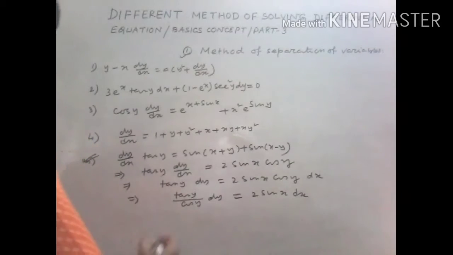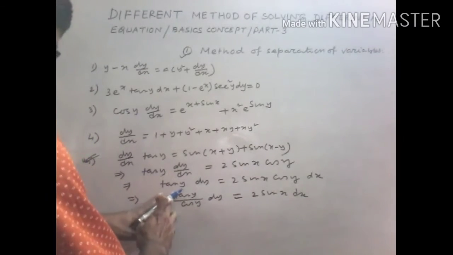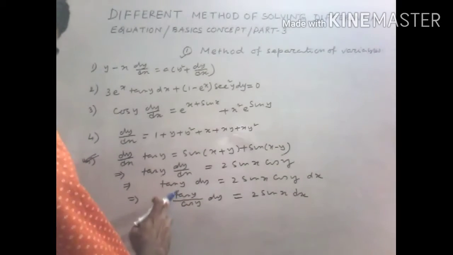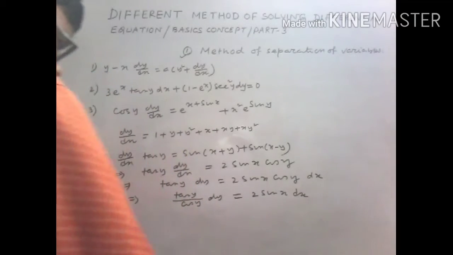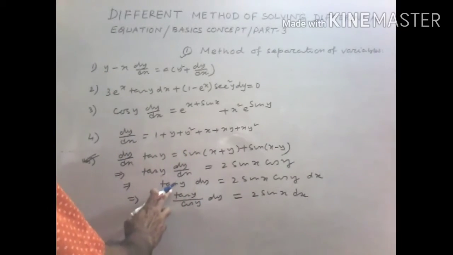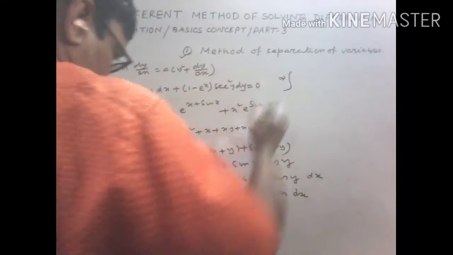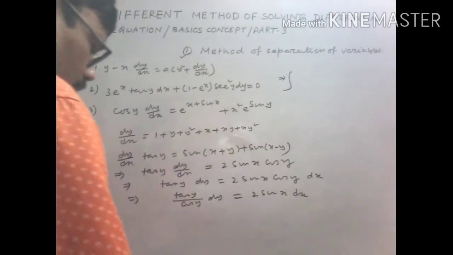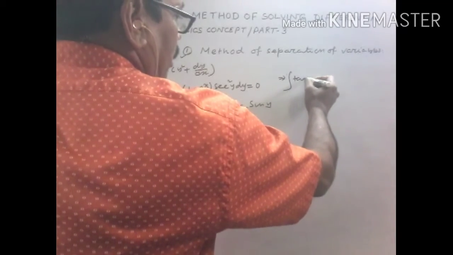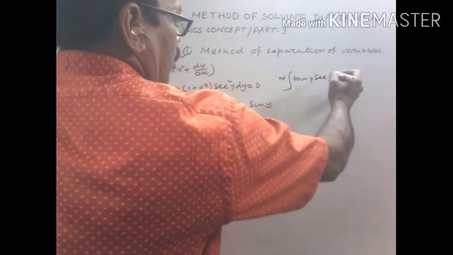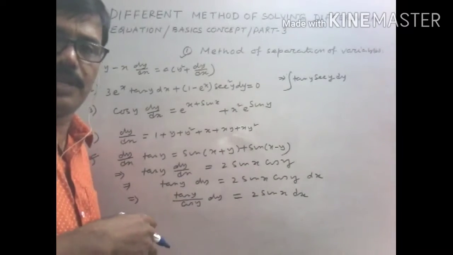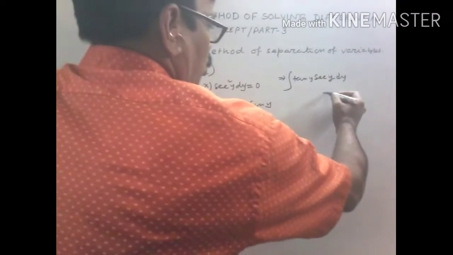And tan y by cos y is sin y by cos y by cos y. So this implies tan y sec y dy equals 2 sin x dx.